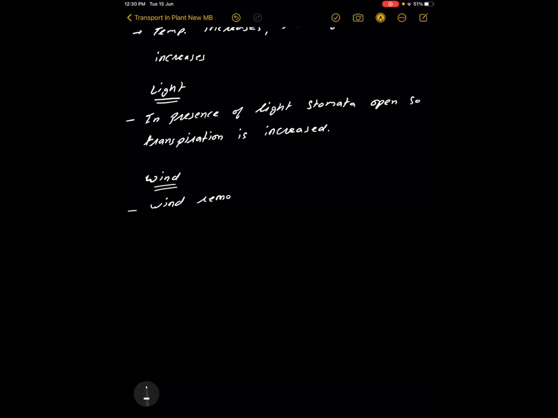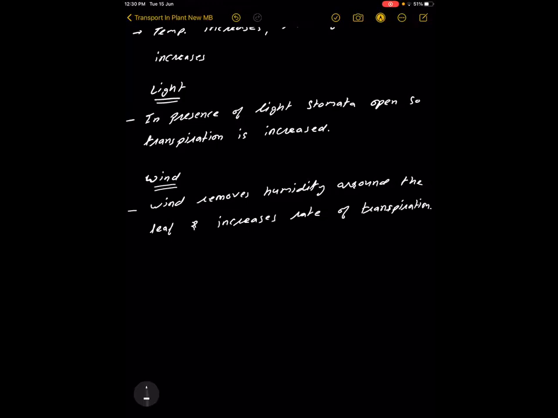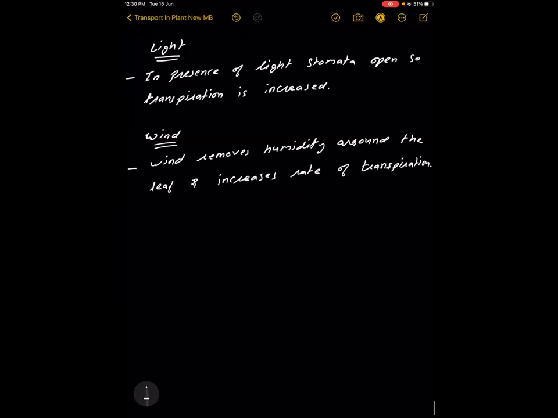It removes humidity around the leaf and it increases rate of transpiration.